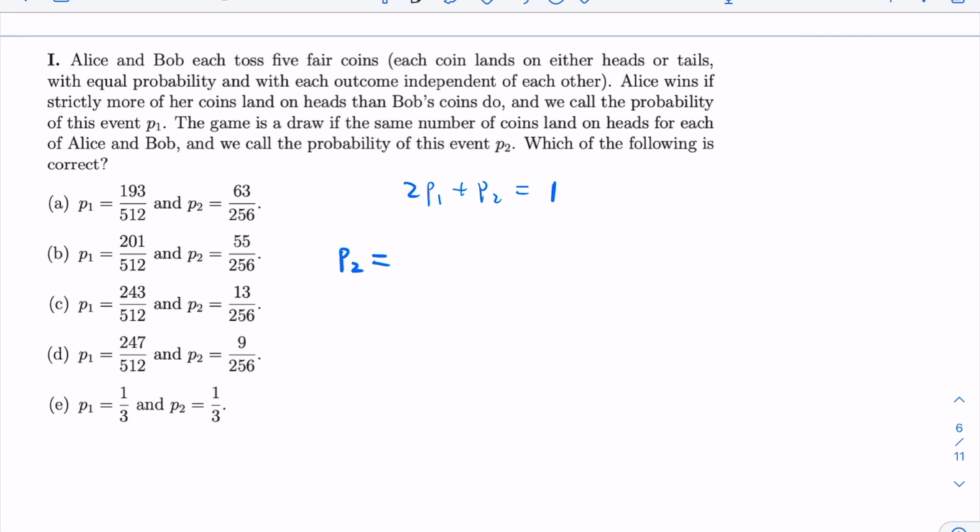So that's going to be the summation. Let I count the number of heads for both people here.